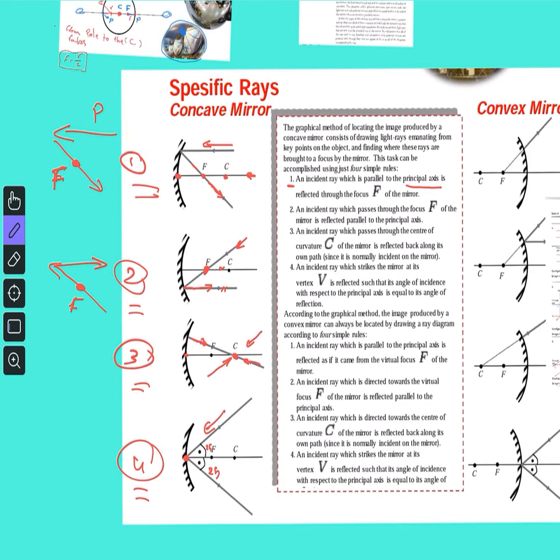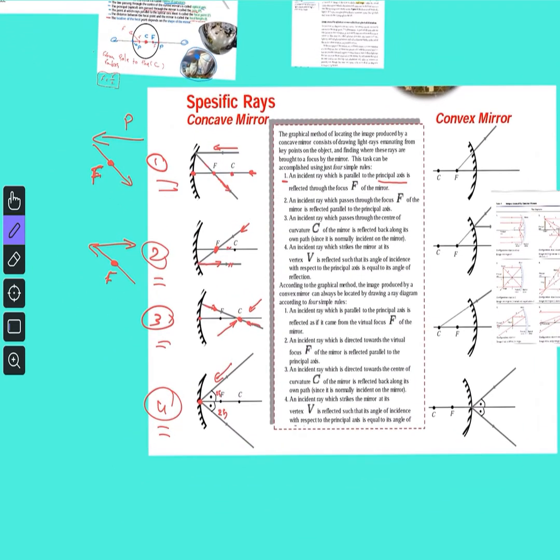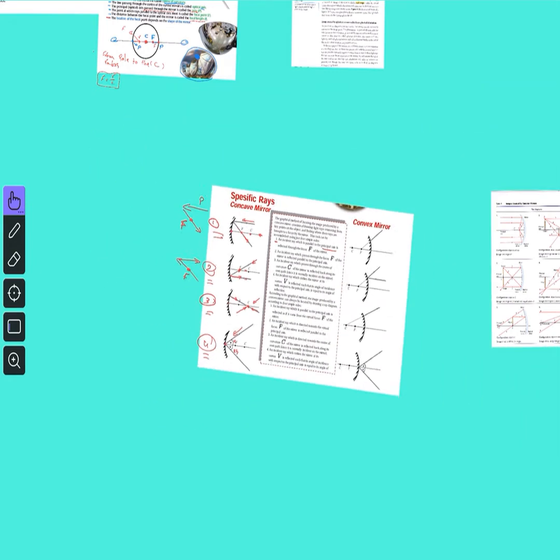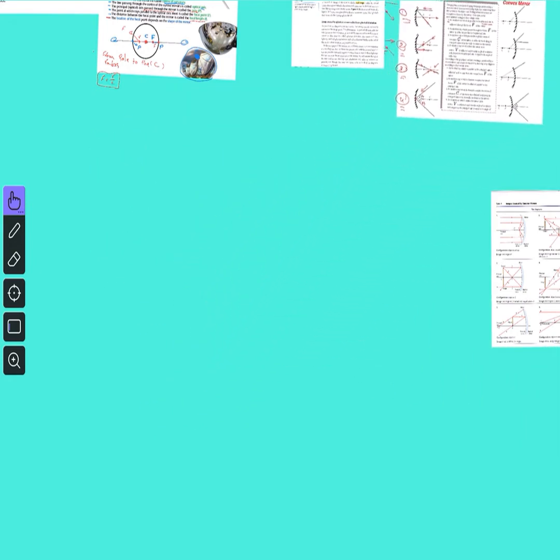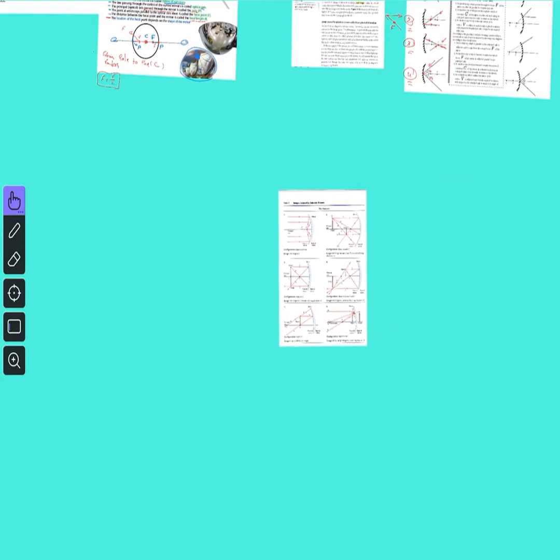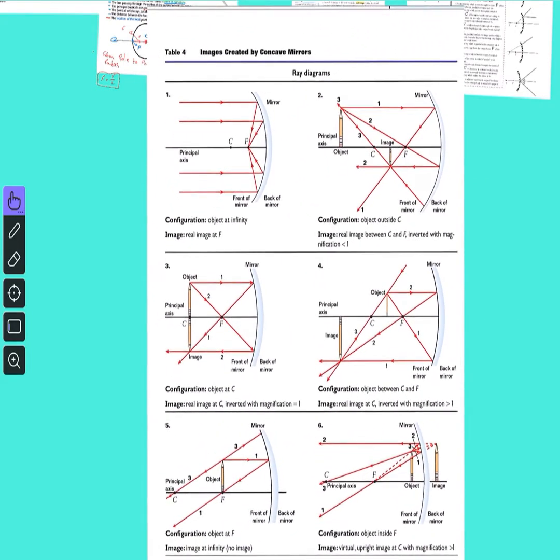When all the beams intersect at one point, we will have the image. If they do not intersect at one point, we are not going to have the image, guys. I hope you understand these 4 rules for now. Okay, that was the 4 specific rays for the concave mirror.